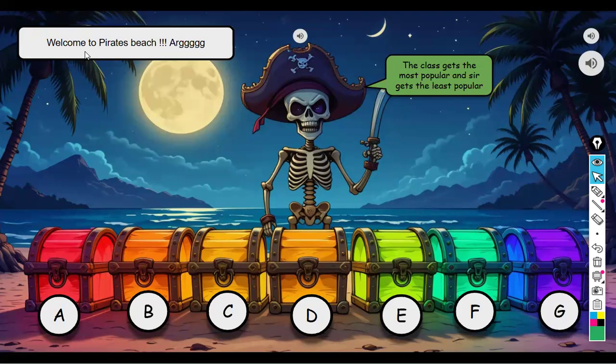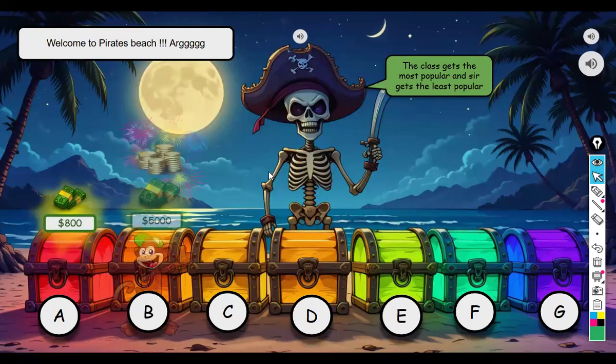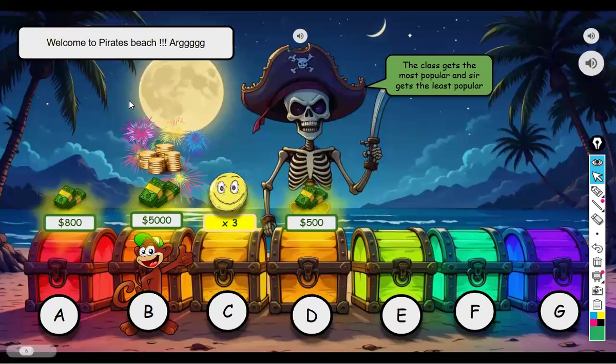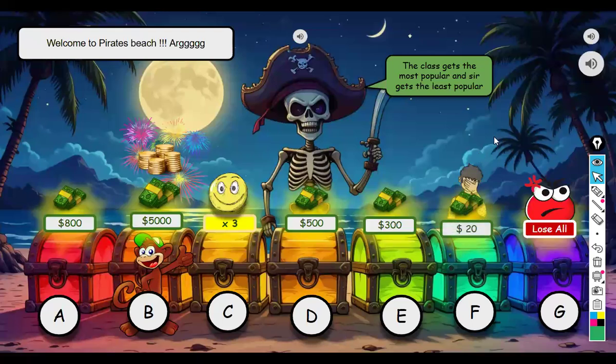All right, so let's go. Stop sharing. All right, so let's see what each one has here. The first one is $800. I get which one? D. So I get $500. I'm putting on my $500. And you all get G. Oh, G gets nothing.